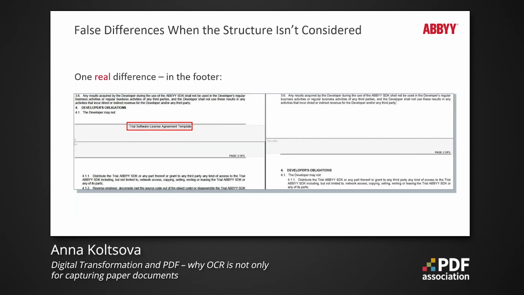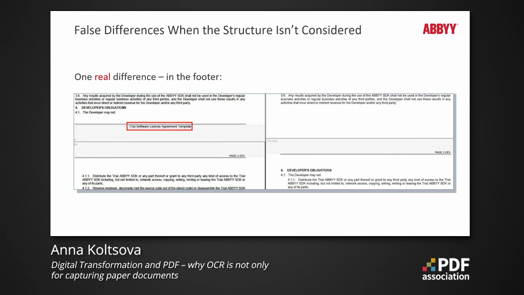Here is a sample of how false differences appear due to lack of information about document structure. In the part of the document on the screenshot, there is only one real difference. In the copy on the left, there is a footer, while in the one on the right there isn't. The other text is the same, although it is distributed between the pages differently, as you can see.